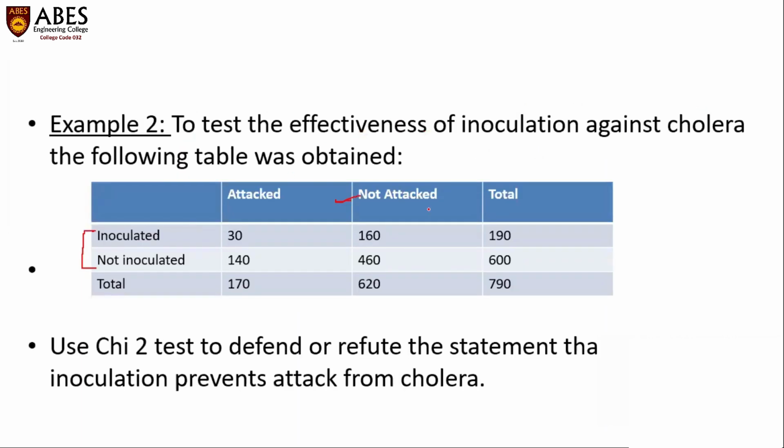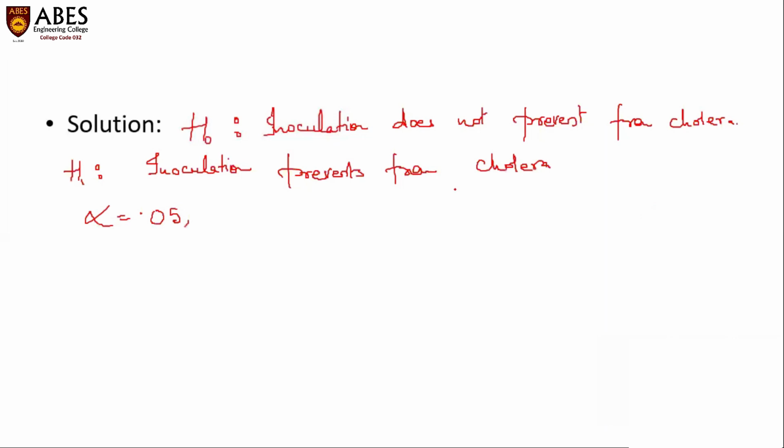Next, for finding degree of freedom, we find out the number of rows and columns. The data is divided into 2 rows and 2 columns. Therefore, degree of freedom will be R minus 1 into C minus 1, that is 1 into 1, that is 1. So here the degree of freedom will be equal to 1.